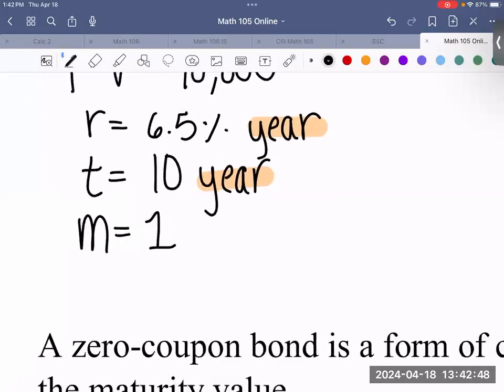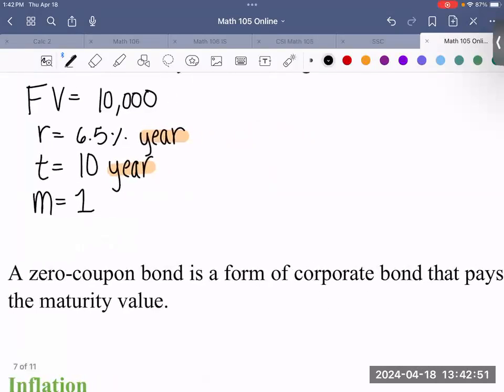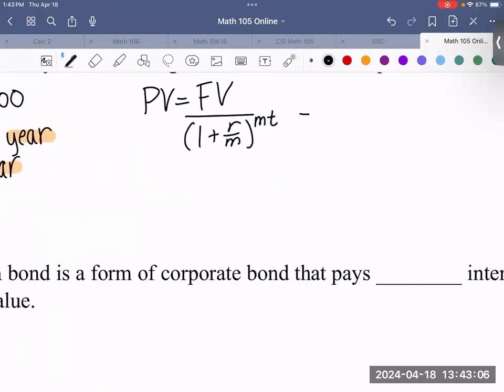So we're going to throw that into the equation. PV is equal to FV over 1 plus R over M times MT. So we have $10,000, 1 plus, and I'm going to put in all the parentheses. In this case, because it's over 1, I'll show you why.